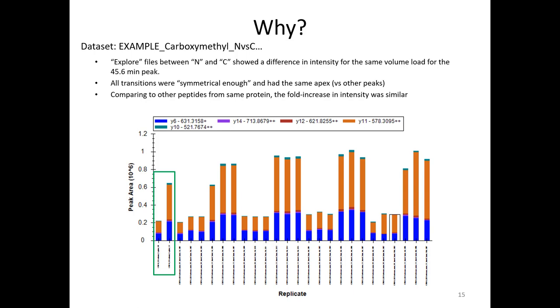So what we saw was with that one particular peptide on the previous page, when I clicked through all the peptide selection options, this was the one that showed this difference between the normal sample and the cancer sample. And then we did replicates of normal, cancer, and so on. So it's clear there's a pattern here.